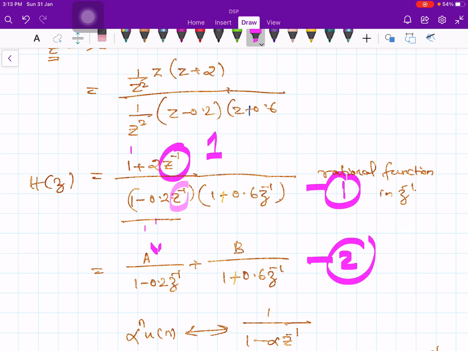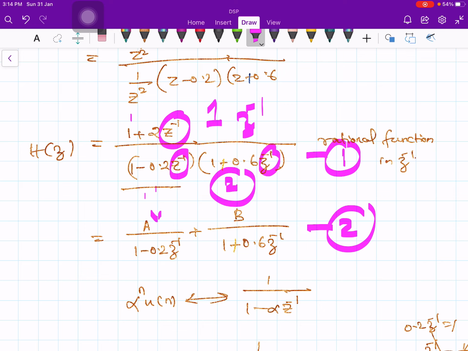Here I have z to the minus 1, here I have z to the minus 1, so denominator degree is 2. So the numerator degree is 1 less than the denominator degree. Therefore, if the numerator also had another factor like z inverse, then there would have been a constant term. So please take care of this when you are taking the partial fraction expansion. Whenever the numerator degree is less than the denominator degree, you will not have the constant term.